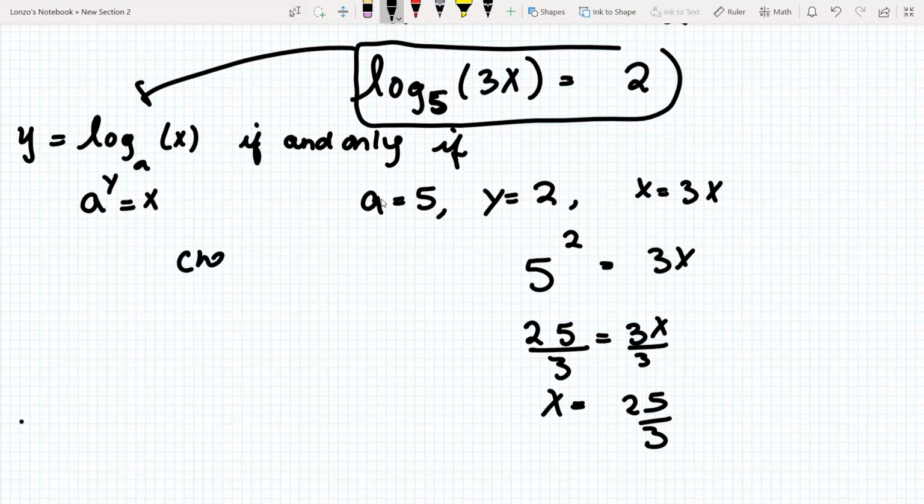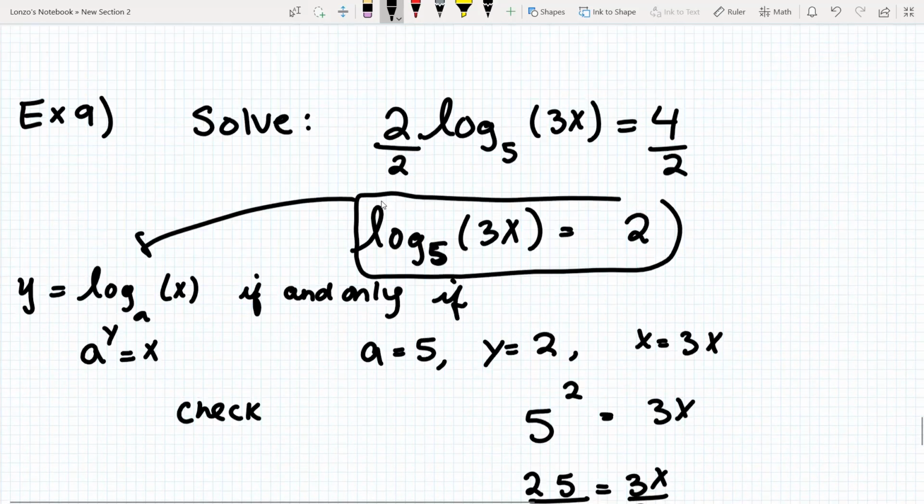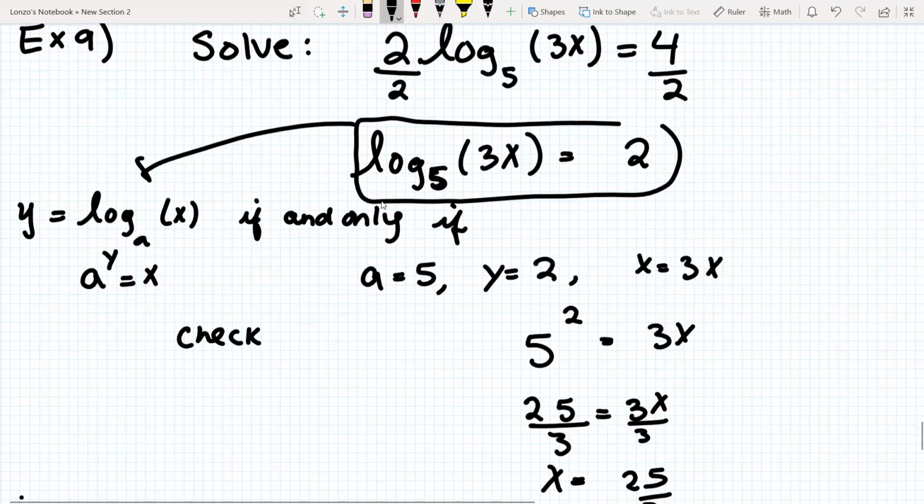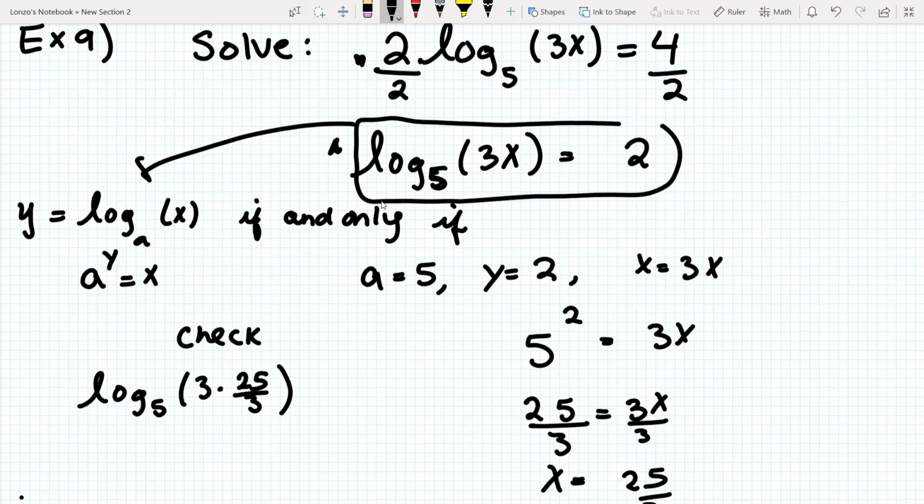So go ahead and check it by plugging it back into the original problem. So what was our original problem? It was 2 log 5 of 3x. Actually, you could put it here or here. It doesn't matter. So I'll put it into the second part. So it's going to be log base 5 of 3 times 25 over 3, in parentheses, equals 2.